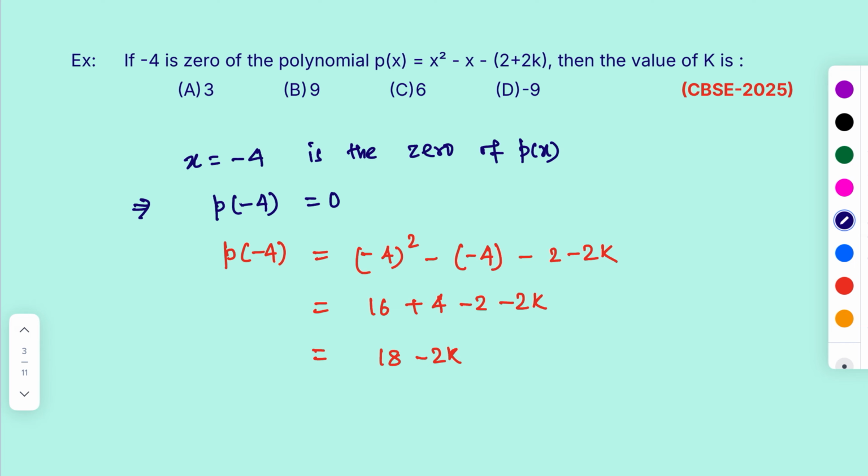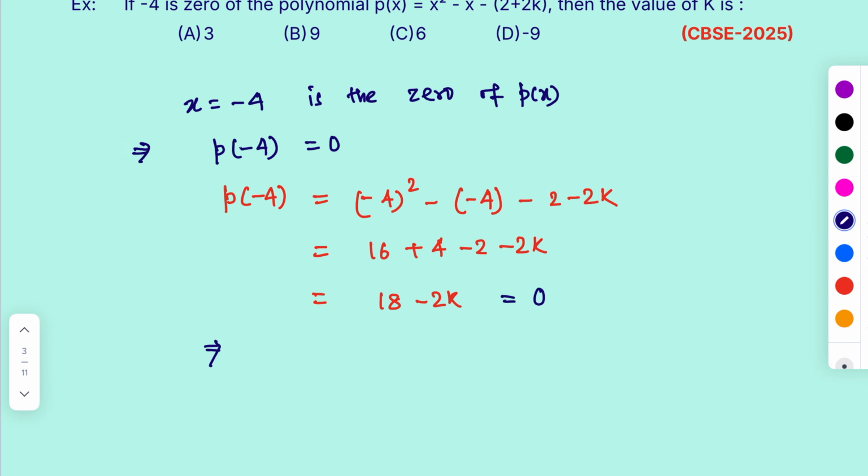As p of -4 is equal to 0, we will put this equal to 0, or we can write 2k is equal to 18, or k is equal to 9.